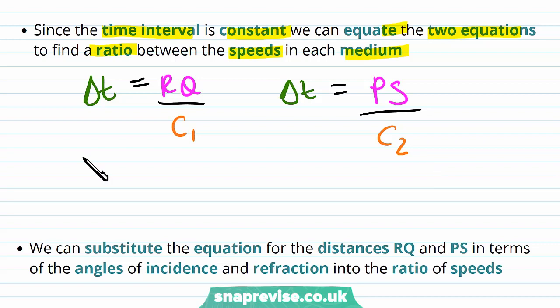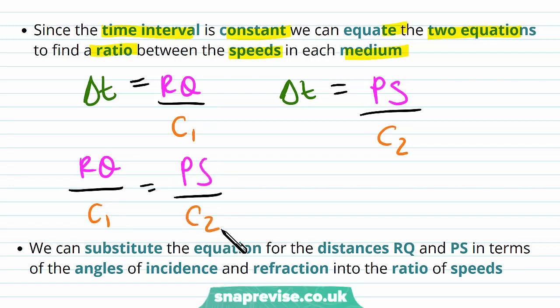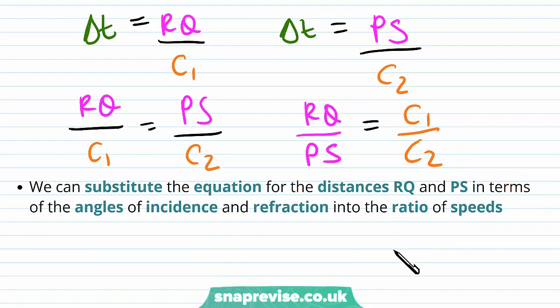So we end up with RQ over C1 is equal to PS divided by C2. We can then rearrange this to get a ratio of C1 over C2. If we divide by PS and multiply by C1, we end up with RQ divided by PS is equal to C1 divided by C2.